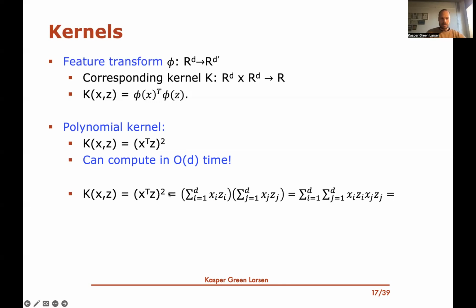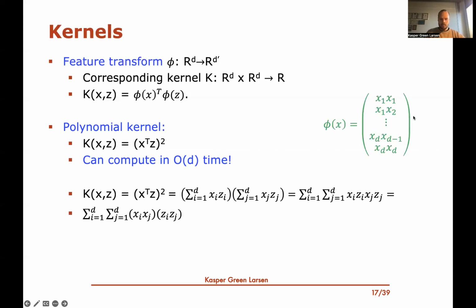If I write out this expression, the square of the inner product between x and z, what do I get? I get the inner product between x and z, and I square it. I multiply all the cross terms, so I get the sum over i, the sum over j, x_i z_i x_j z_j. And what I'm going to do now is group them cleverly. I group x_i and x_j, and I group z_i and z_j.